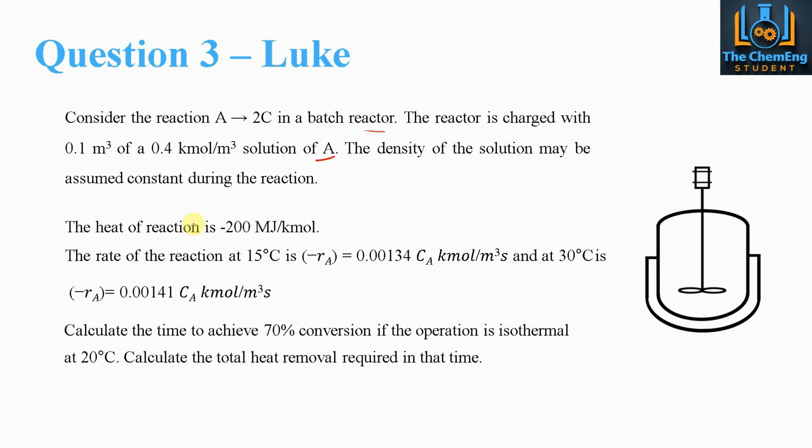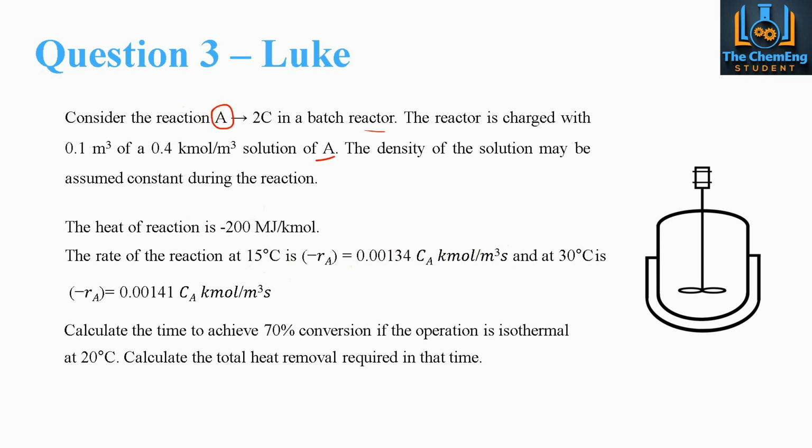Now we have the heat of the reaction, which is minus 200 megajoules per kilomole, and it gives us the rate of the reaction at 15 degrees Celsius to be 0.00134 Ca kilomoles per meter cubed second. Remember this is a first order reaction because we have A here and no other component.